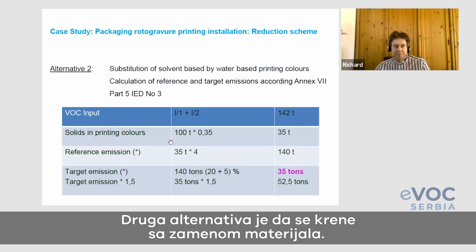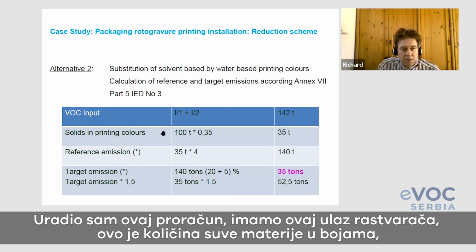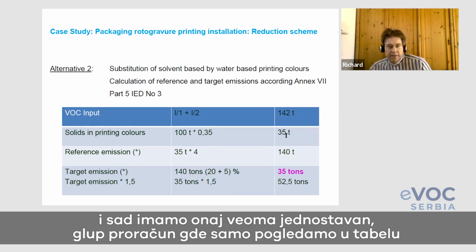Second alternative, you start the substitution process. So here, I did the calculation. We have the solvent input. We know the solids in the colors. And then we can just simply do this calculation. You remember, it is really very simple.